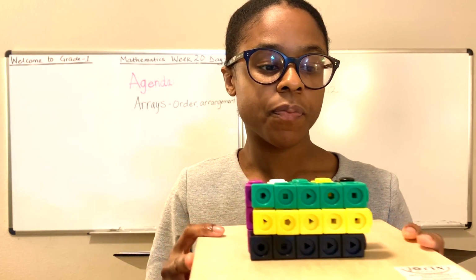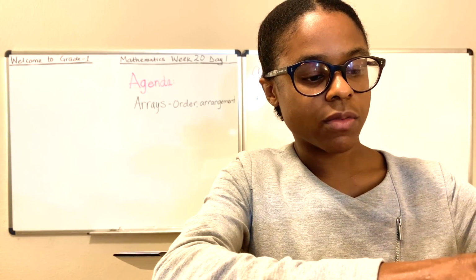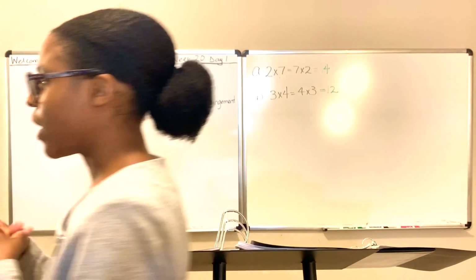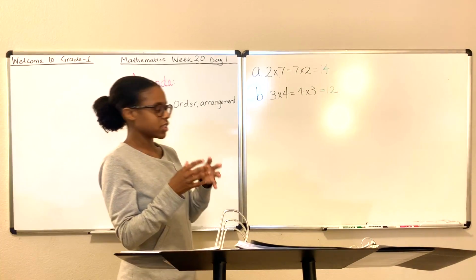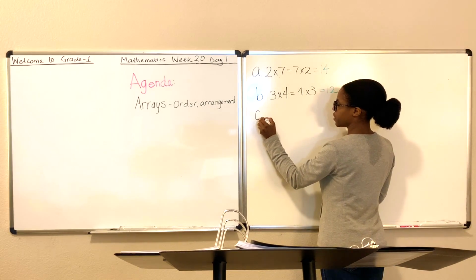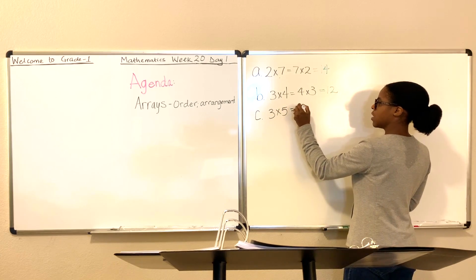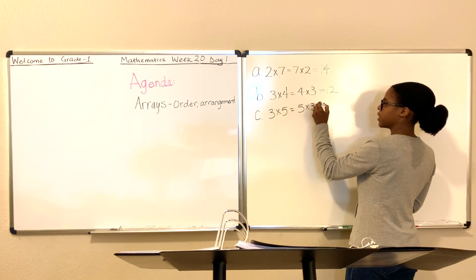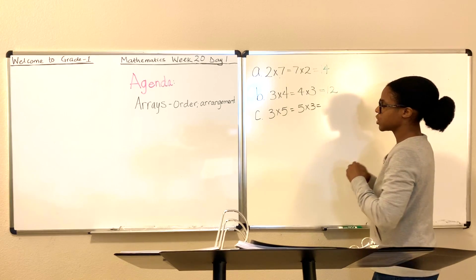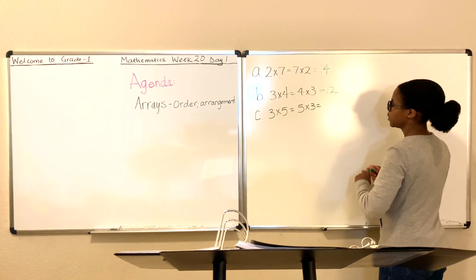But because of the grouping, no matter how you decide to arrange it, as long as you have 3 times 5 or 5 times 3, you're still going to get the same answer. So 3 times 5 is 15. 5 groups of 3 cubes is 15. So whether you have 3 groups of 5 or 5 groups of 3, you're still going to get 15.